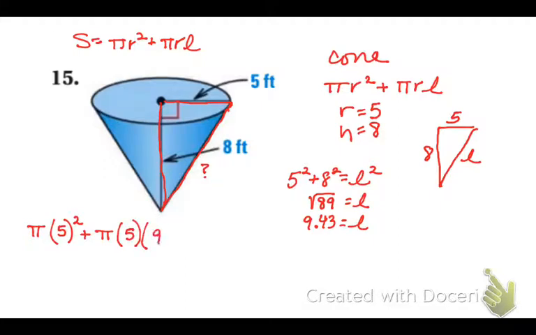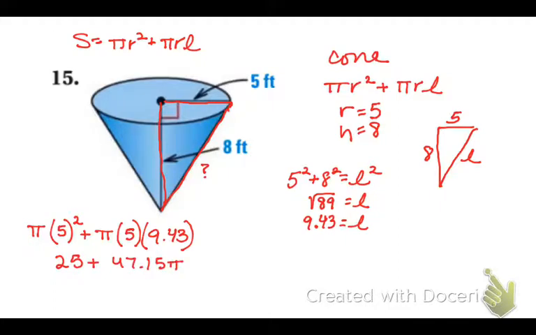L is 9.43. There we go. So that comes out to 25 pi plus 47.15 pi.